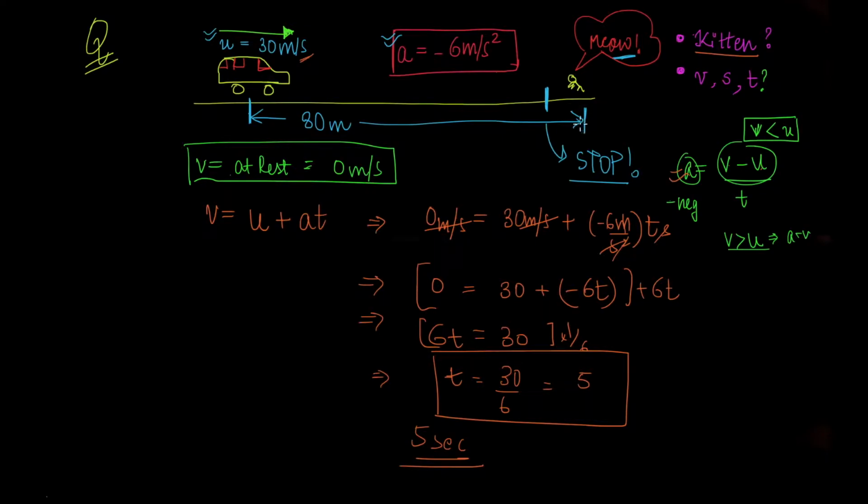Well, no. In order to really find out whether the car stops within 80 meters, we need to use another concept of motion, another parameter of motion, and that happens to be displacement. A very convenient way in which we measure displacement is by the variable s, and that is used in the second and the third equations of motion.